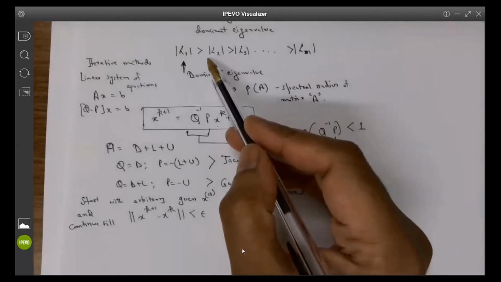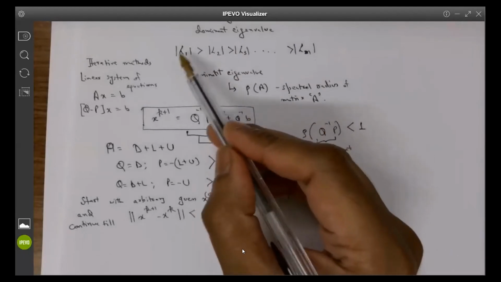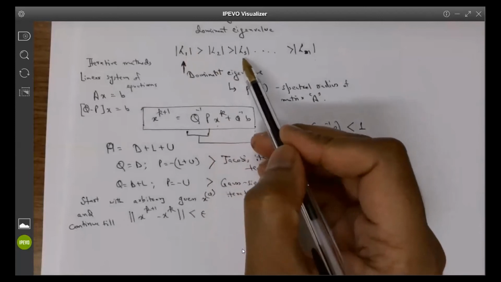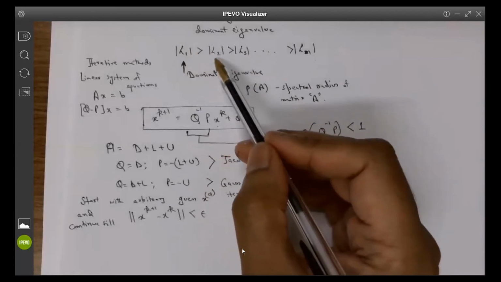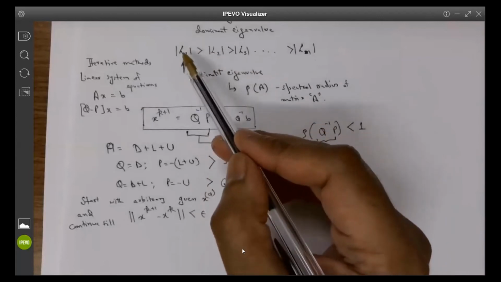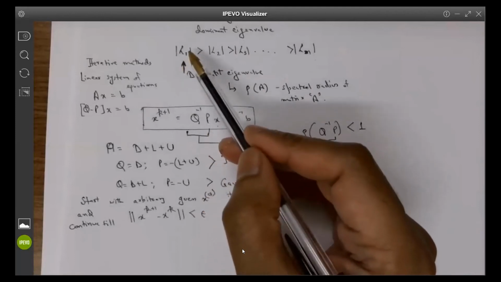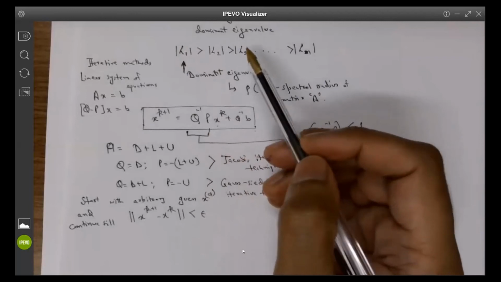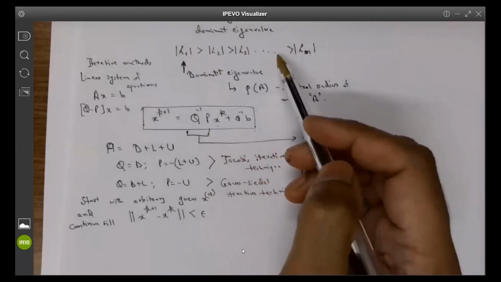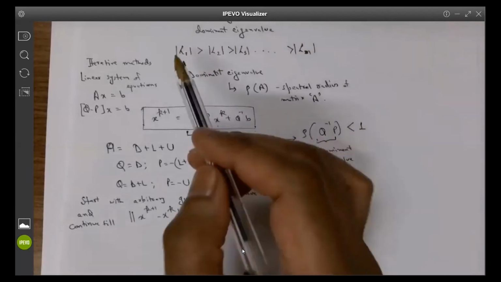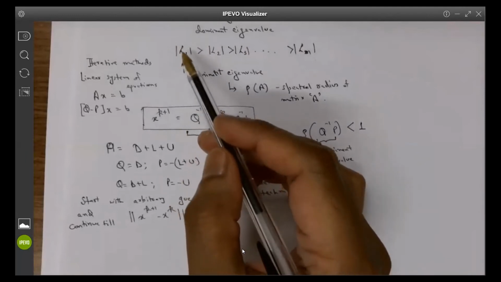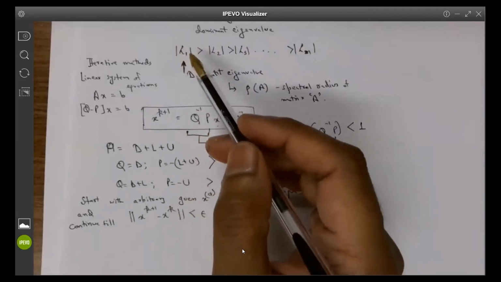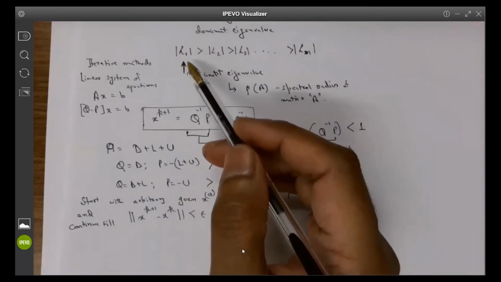Basically, this is the fundamental mode, and thereafter you have the second harmonic, third harmonic, which represent the other eigenvalues or natural frequencies. So your fundamental mode, the first mode, is always the most important one, and always this is the one which is very significant to determine.